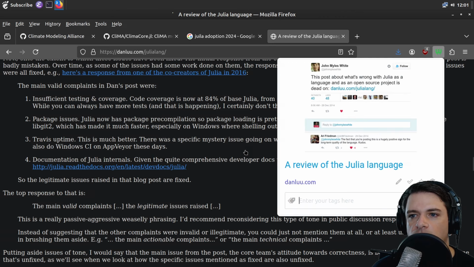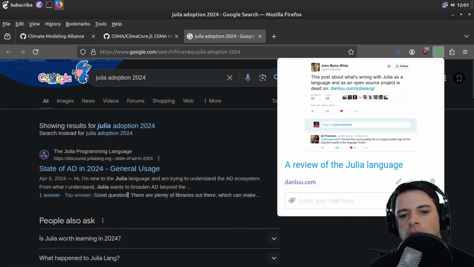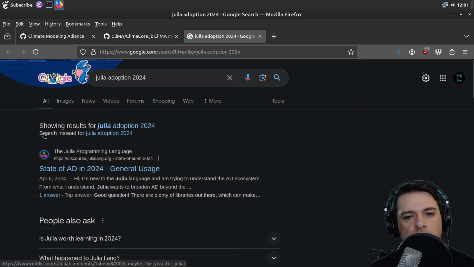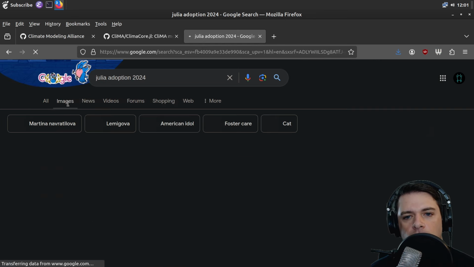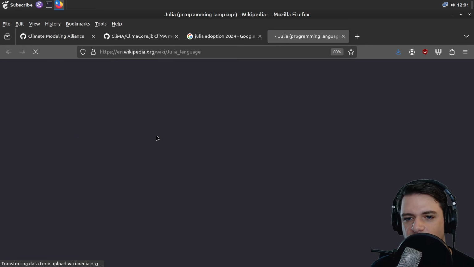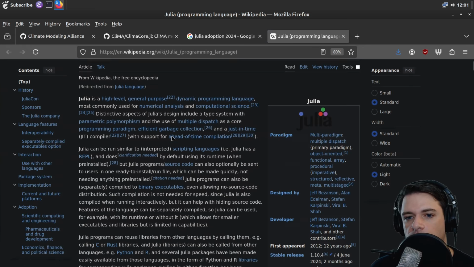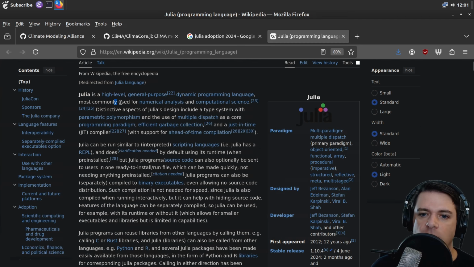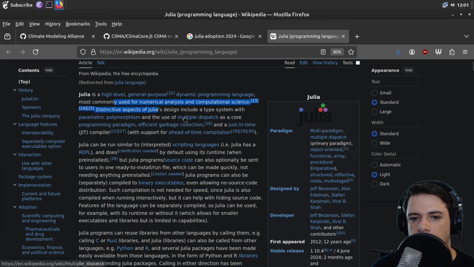Like they were ignoring important bugs and stuff. 2024 may be the year for Julia. And I actually don't know when it was started or really even why. High level, general purpose, dynamic programming language, most commonly used for numerical analysis.